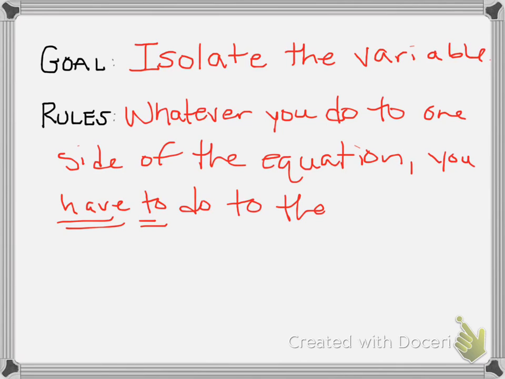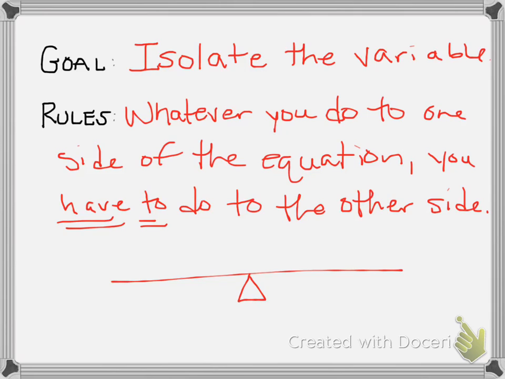Okay, so if we add on one side, then we have to add the same thing on the other side. If we divide by 3 on one side, we have to divide by 3 on the other side. You can think of it as keeping the equation balanced. If you put someone on this side of the teeter-totter, what's going to happen?